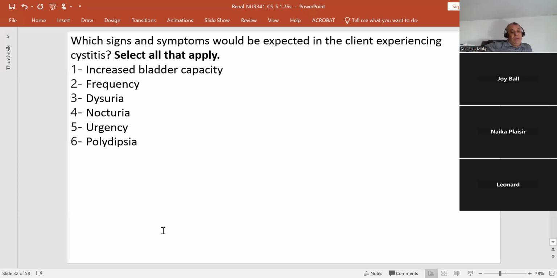Because patients are in a supine or recumbent position, flat, the perfusion to the kidneys will be the highest.